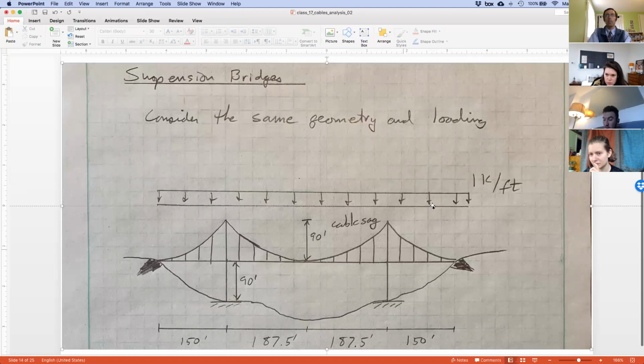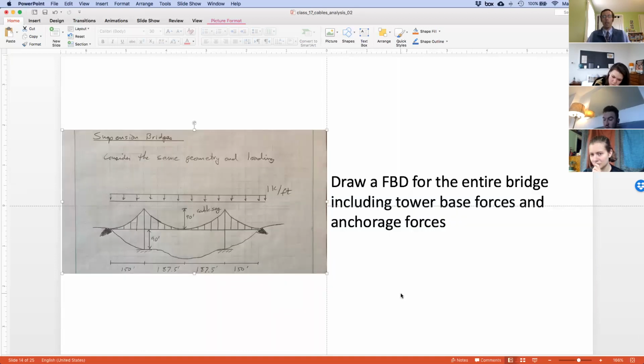You can start on that if you like, but let me also grab this image and paste it here. That way you can see what to do. All right, so take a moment and see if you can construct that free body diagram for the entire suspension bridge.